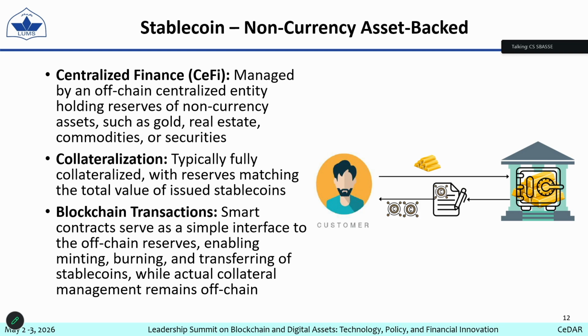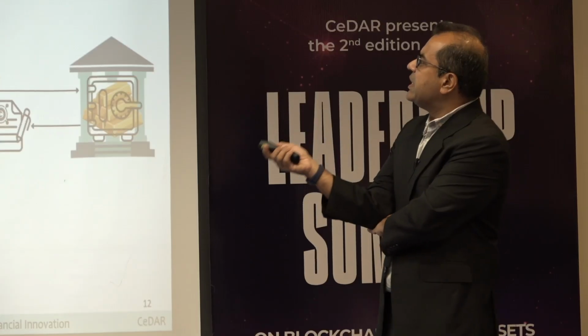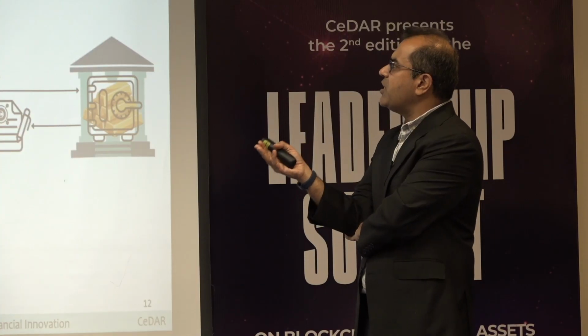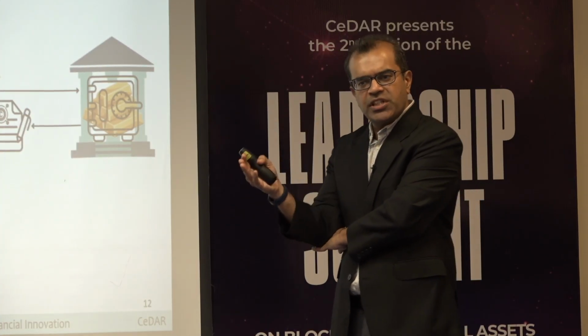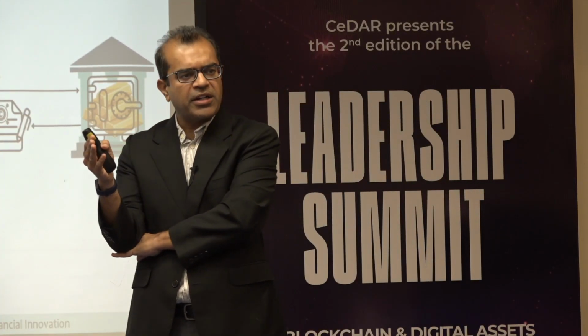One other example of stablecoin is non-currency asset-backed stablecoin. An example of this is Pax Gold stablecoin, where one coin is redeemable for 1 US troy ounce of gold. This is also managed by an off-chain centralized entity, just like the fiat currency-backed stablecoin.